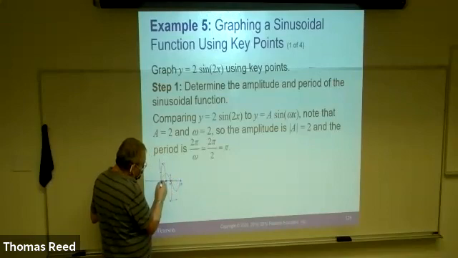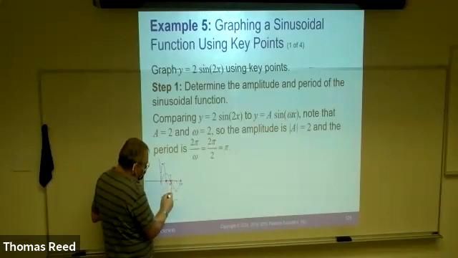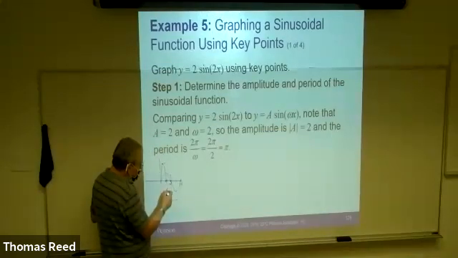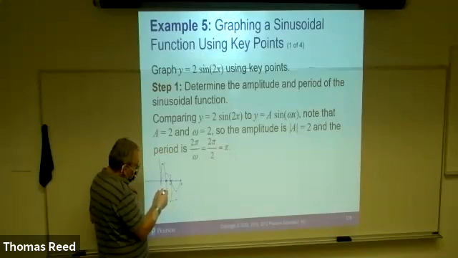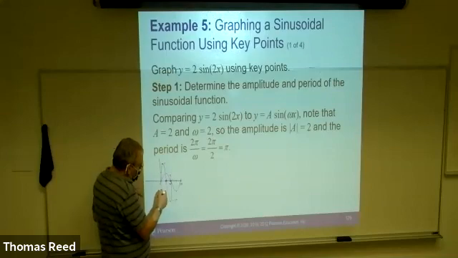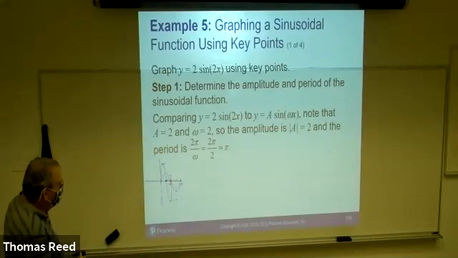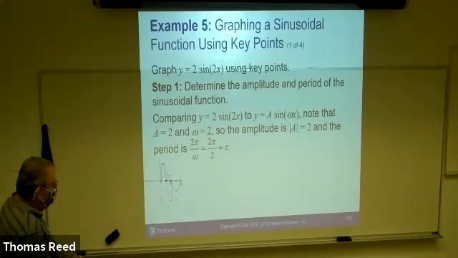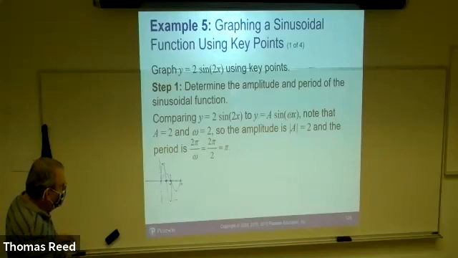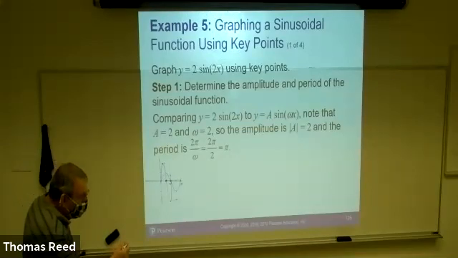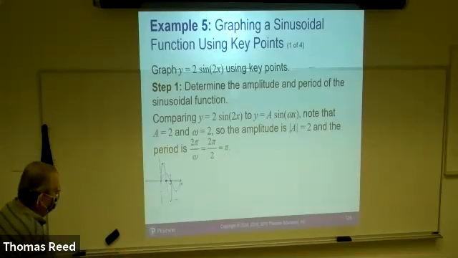And so now it's going to hit the x-axis at every half pi: 1/2 pi, pi, 3/2 pi, 2 pi, 5/2 pi, 3 pi, and on up.